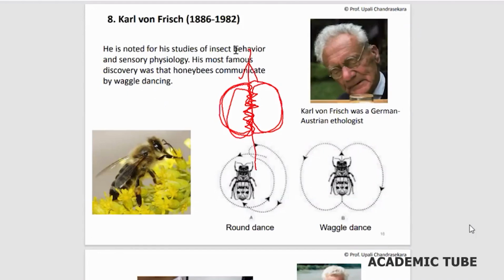So you noted that for his studies on insect behavior and sensory physiology, his most famous discovery was that honeybees communicate by waggle dancing and some other methods.